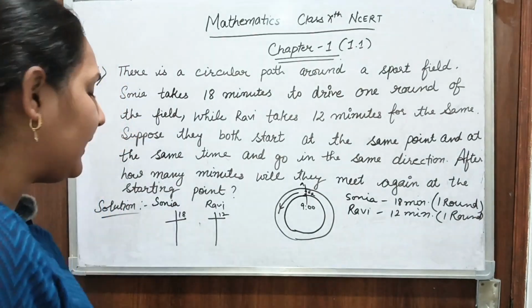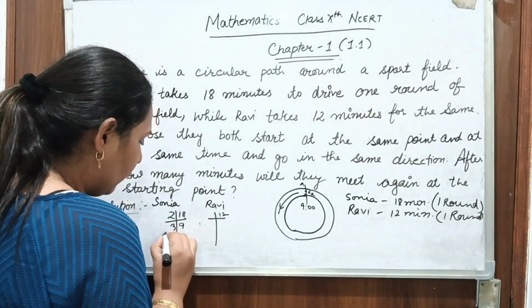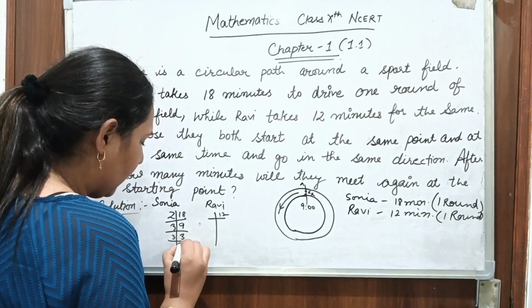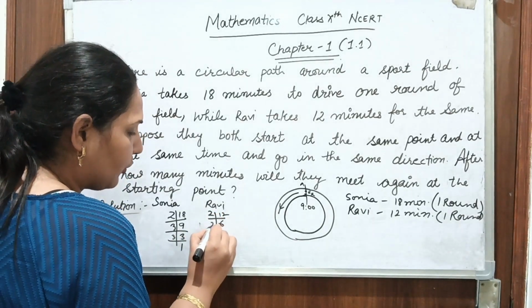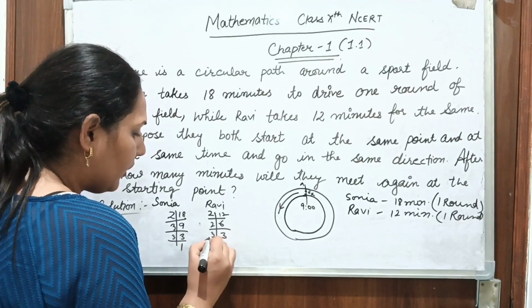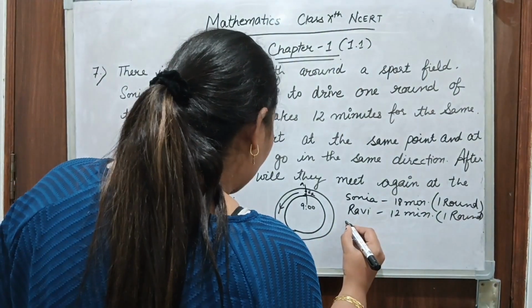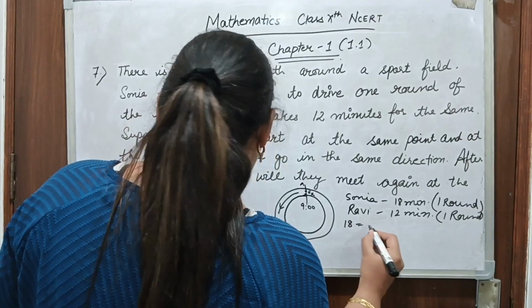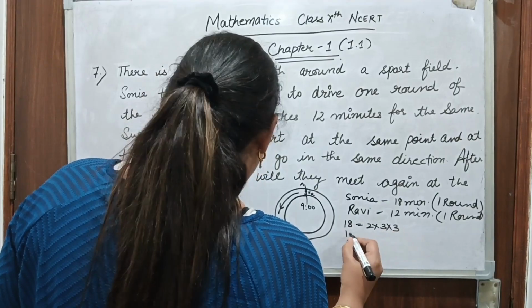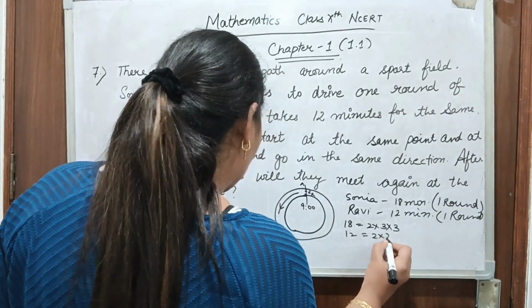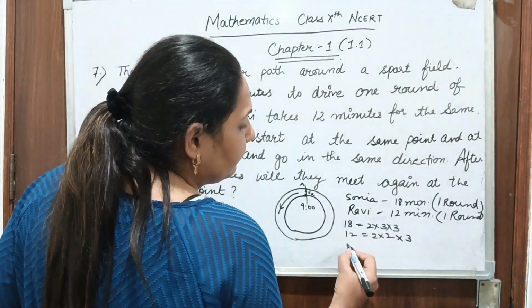We have to calculate their LCM. 2 nines are 18, 3 threes are 9, and 3 ones are 3. For Ravi, 2 sixes are 12, 2 threes are 6, 3 ones are 3.